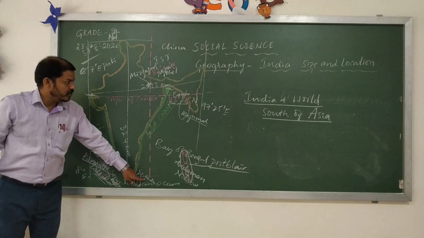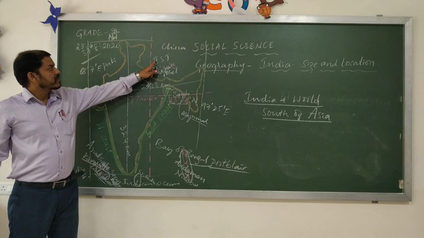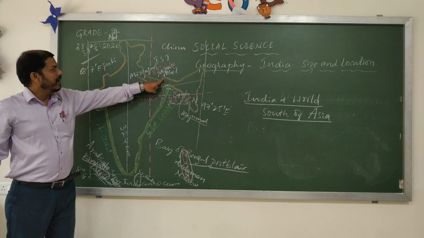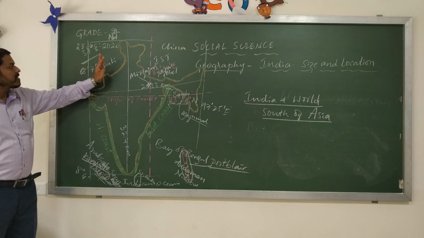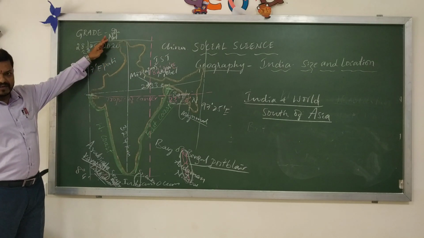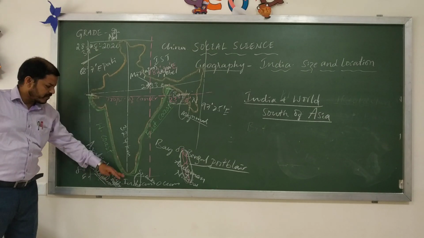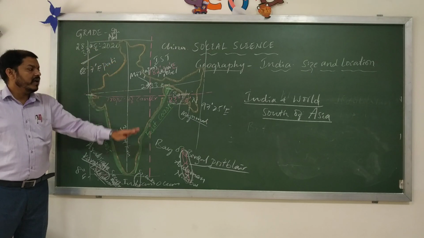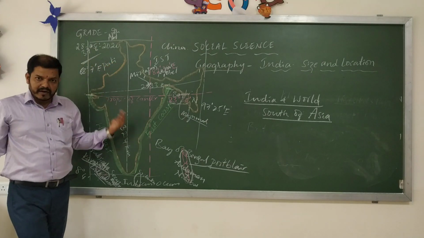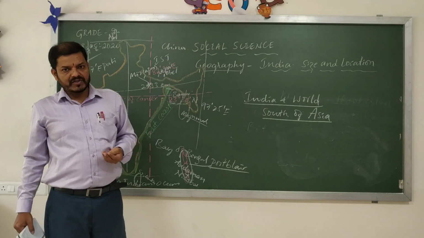Sri Lanka in the south, Myanmar and Bangladesh in the east, and China, Nepal, Tibet and Bhutan in the north, and in the northwest we have Pakistan and Afghanistan. In the southwest, or you can say south, we have the Maldives. These are the countries which share boundaries with our subcontinent, and they are called neighboring countries.